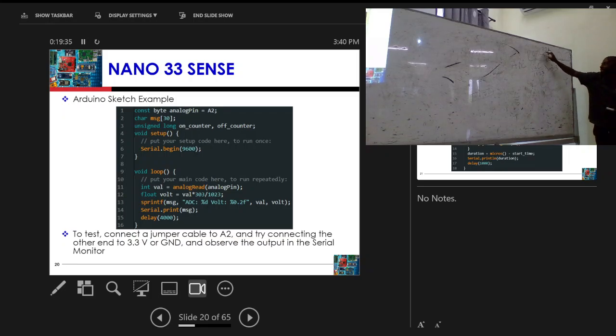But how many values are between 0 and 3.3? Infinity. There can be 3.31, 3.2. There are so many values.